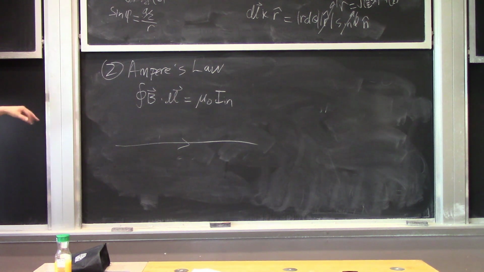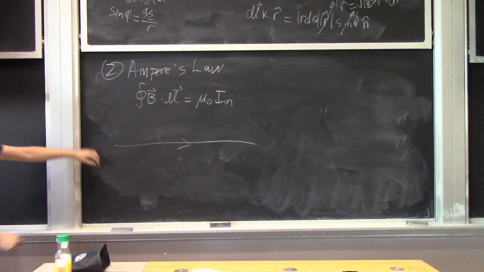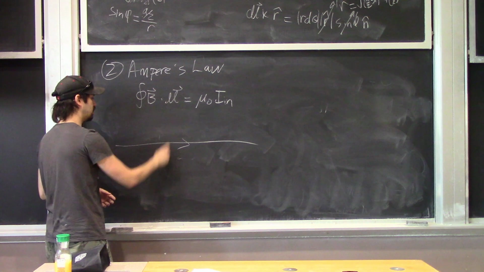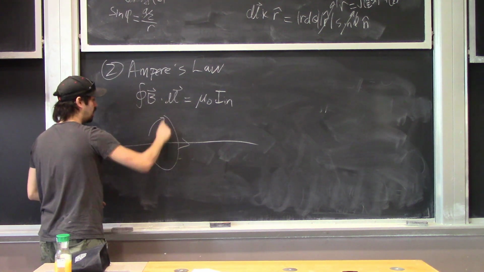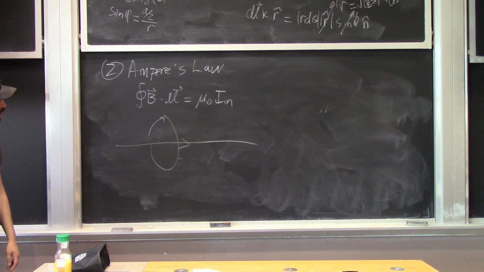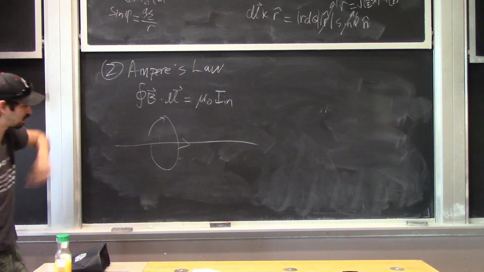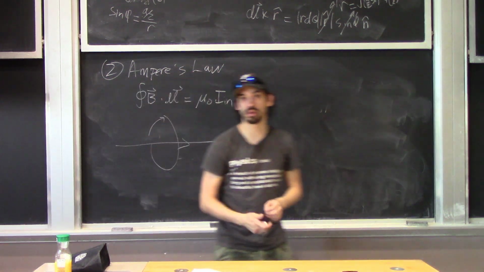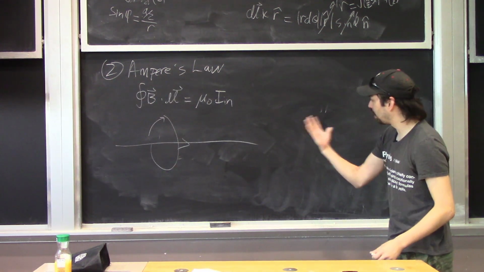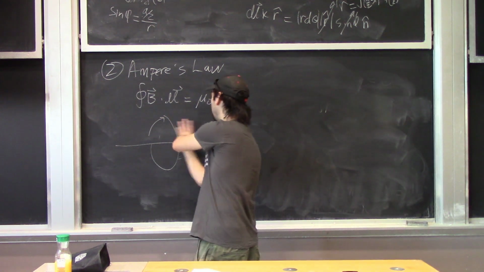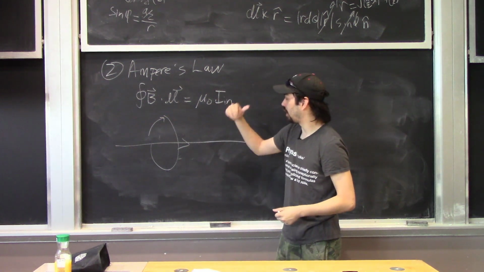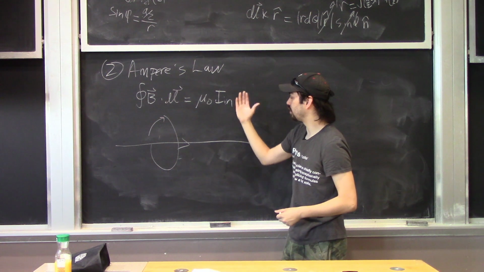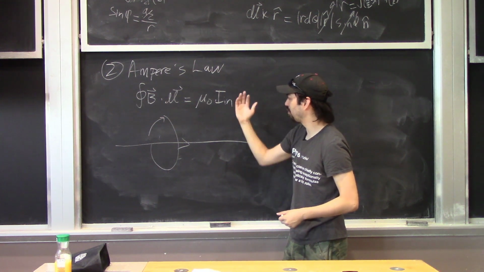And so we remember what we did with Ampere's Law was we said we draw some Amperian loop that goes around this. And the direction that this loop is going to go around has to do with the right-hand rule, okay? So my thumb is going to point in the direction of the current, and my fingers wrap around in the direction of the magnetic field.